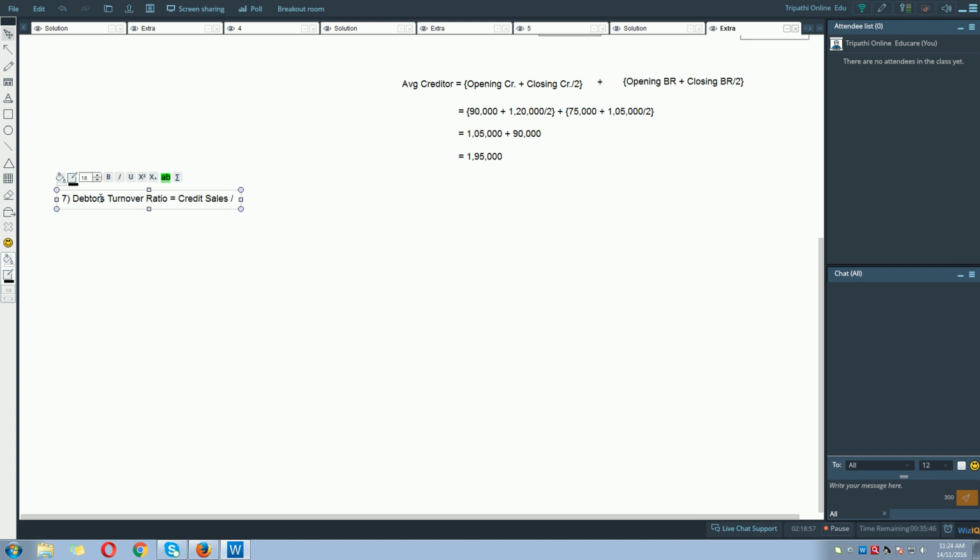opening bills receivable 75,000 plus 1,05,000 divided by 2.